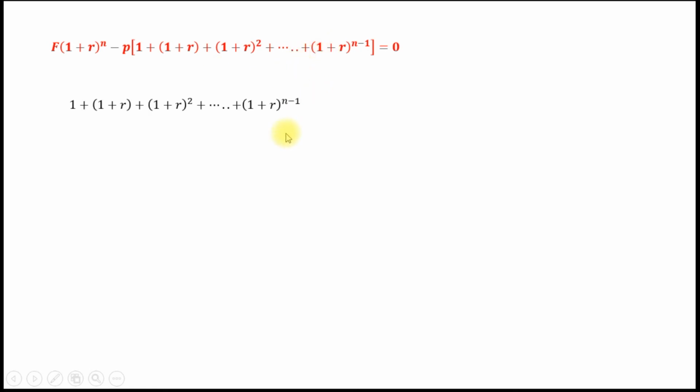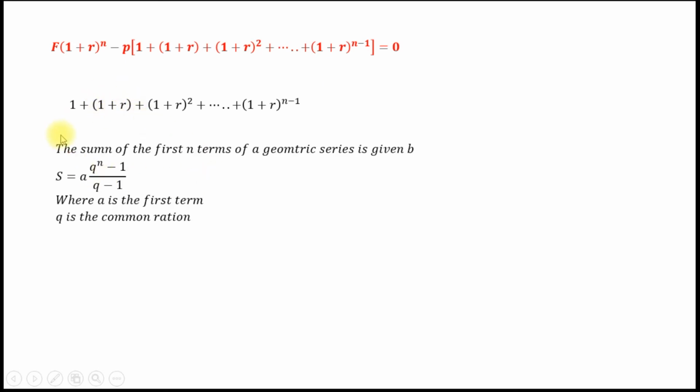Now we notice the expression in the bracket forms a geometric series with the first term 1 and the common ratio 1 plus R. The formula for the sum of n terms of a geometric series is given below, where S is the sum, A is the first term, Q is the common ratio, and N is the number of terms.